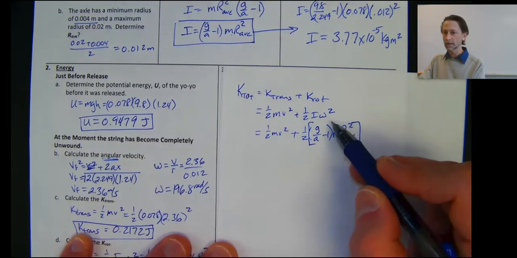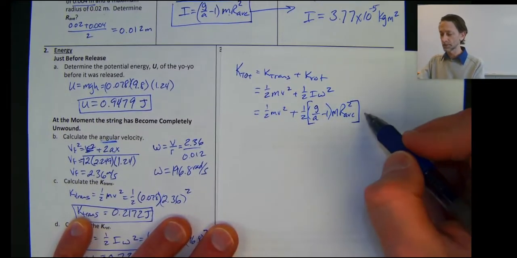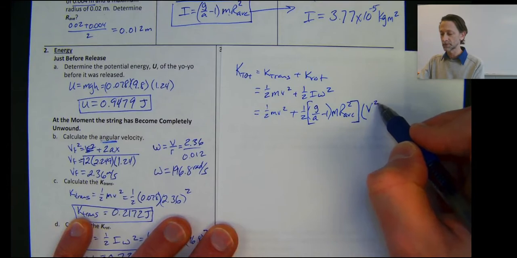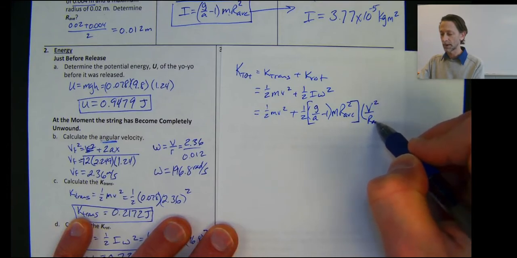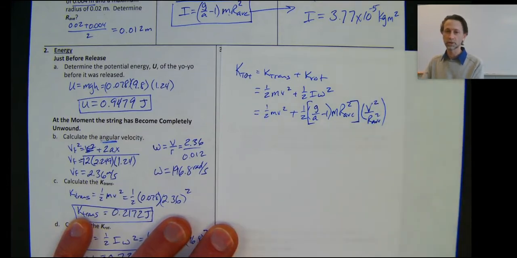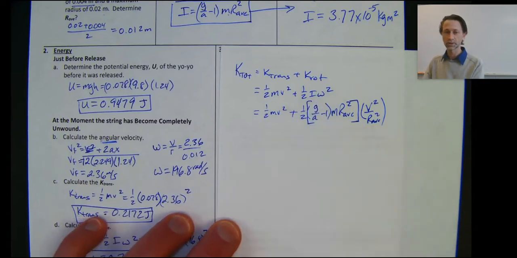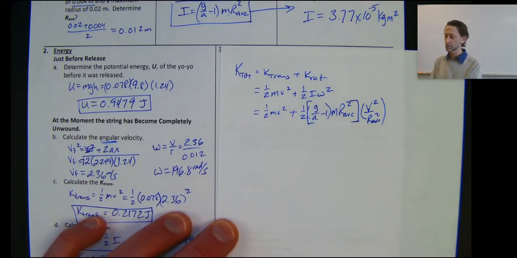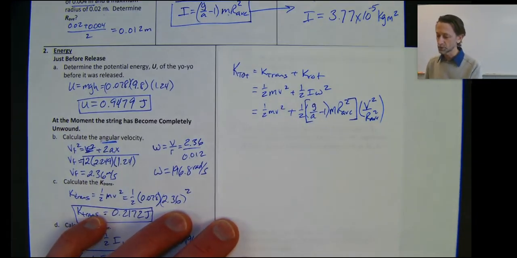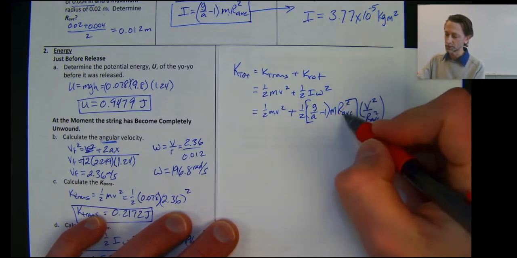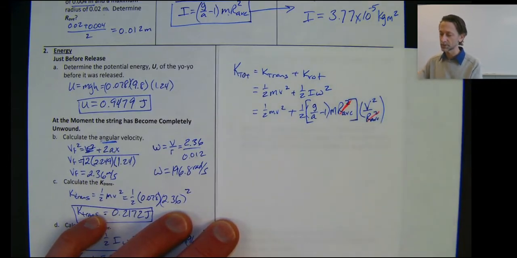Then for omega, remember that we could convert that into a linear value by doing V squared over R average squared. So V over R and then squared because of the omega squared. So the beautiful thing about that is whenever you do that, then we have two radiuses there that both cancel out.